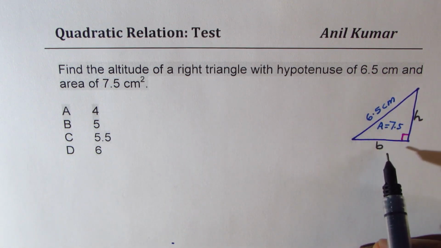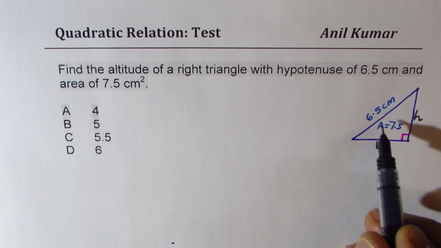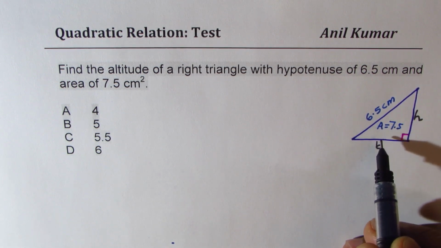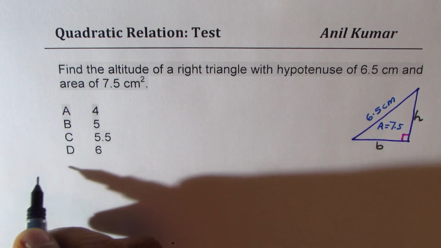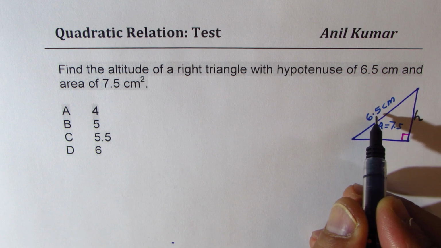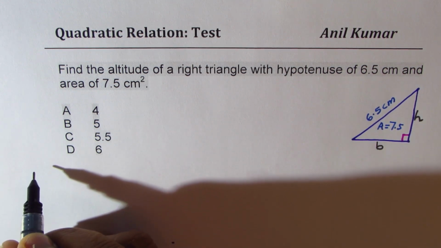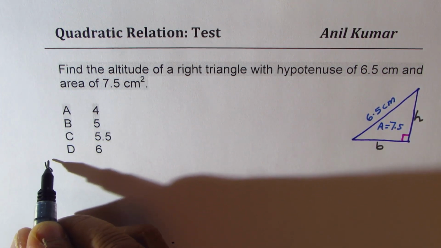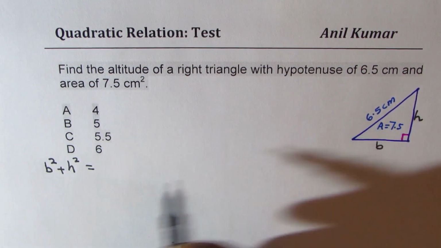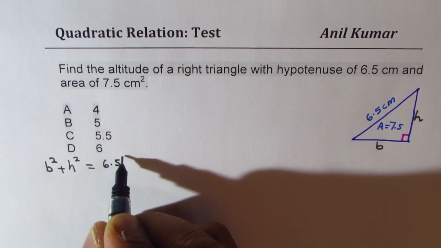Now in this triangle, which is a right triangle, we are given two conditions which lead to two equations. The first one you could write as b square plus h square is hypotenuse square, right? So the Pythagorean theorem, correct? So we'll write this as b square plus h square equals 6.5 square.